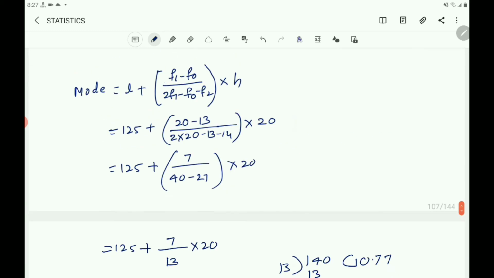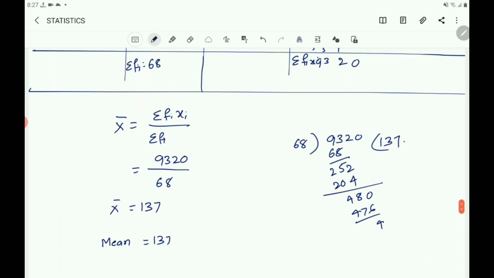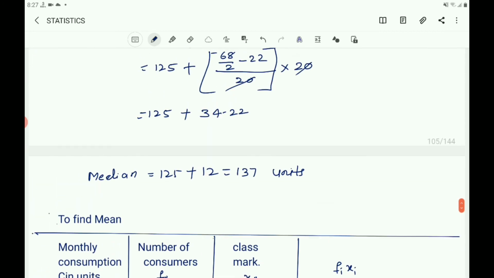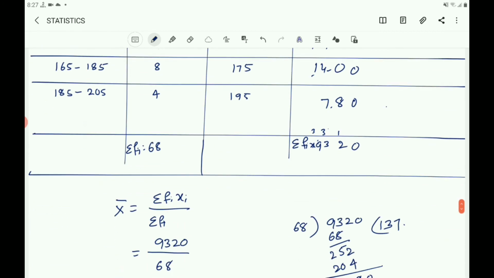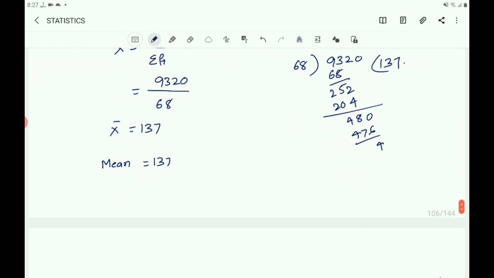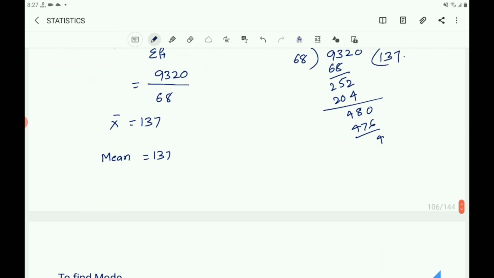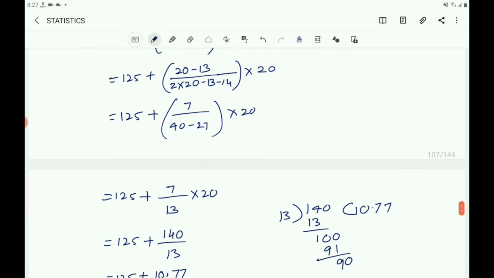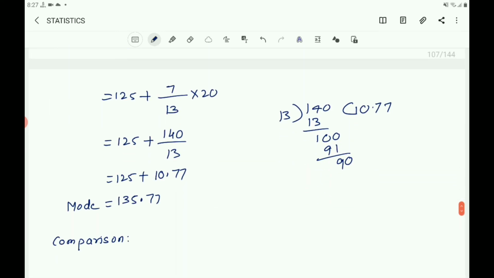Here you know what is the value of mean. What is the value of median? Median is 137. Mean is also 137. And mode is 135.77.